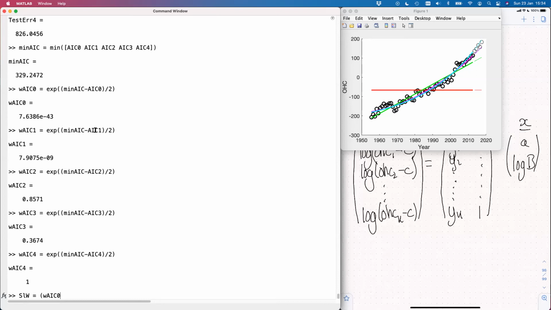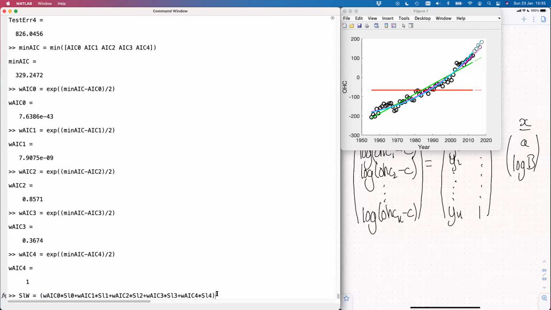So, Akaike weight 0 times SL0 plus Akaike weight 1 times SL1, and so on. Okay, just check that. So weighting of 1 times signals for 1, 0, 1, 2, 3, and 4.